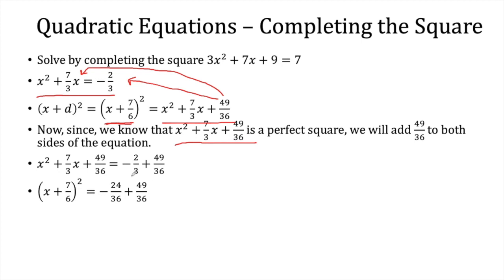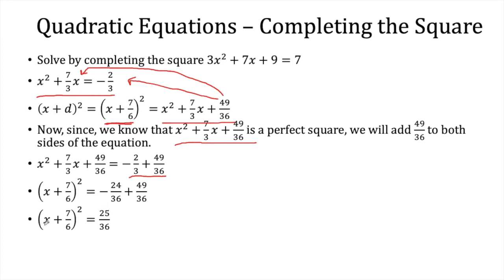And on the right hand side, it is a simple addition of fractions or subtraction of fractions, depending on how you look at it. For the negative 2 by 3, we will simply multiply by 12 on the numerator and denominator to get 36 as our denominator, and that will give us negative 24 by 36 plus 49 by 36, and that evaluates to 25 by 36 on the right hand side.